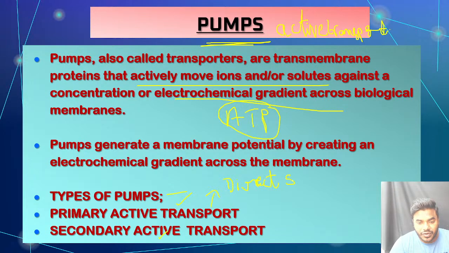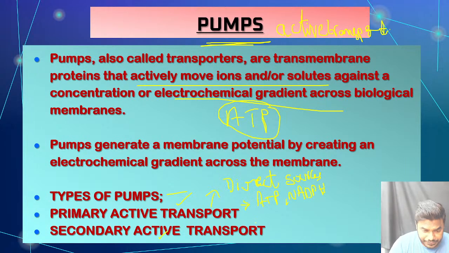So directly using the energy from ATP, directly using the energy from NADPH, directly using the energy from oxidation and reduction reactions, whatever it may be, we are using the energy from direct sources. That's the point.